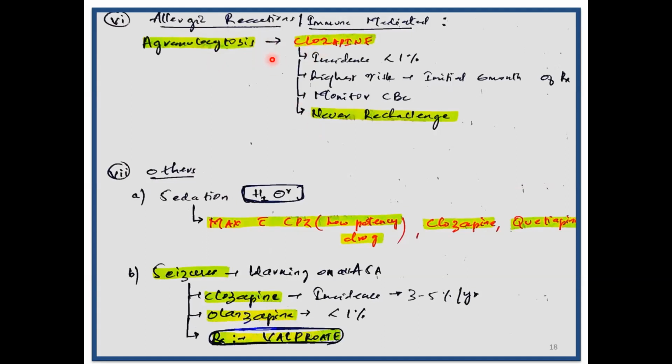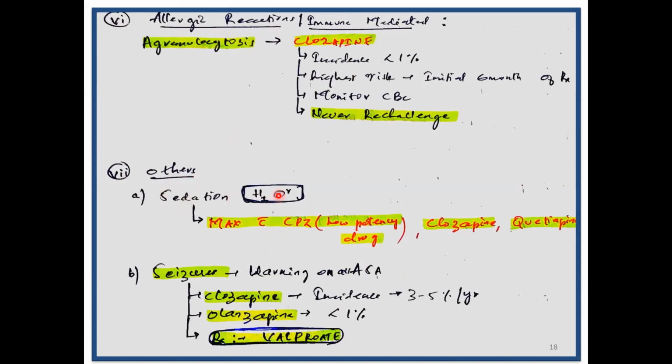This is an indication never to restart the drug when clozapine induces agranulocytosis. We call it a never re-challenge drug: never restart clozapine once this side effect arises.